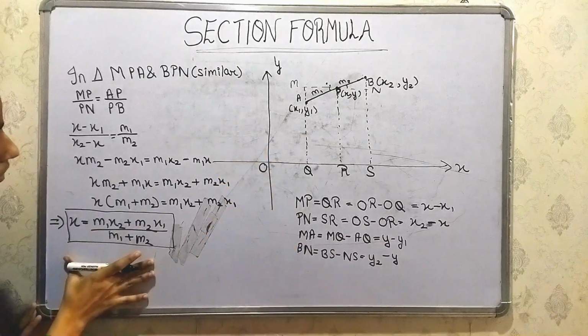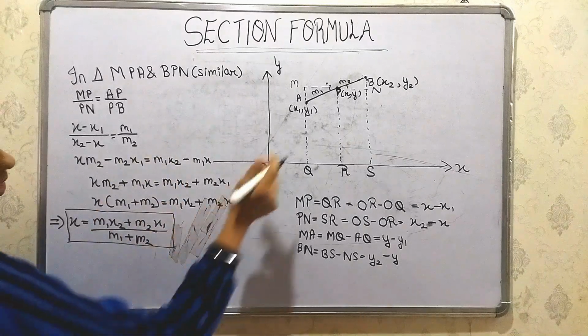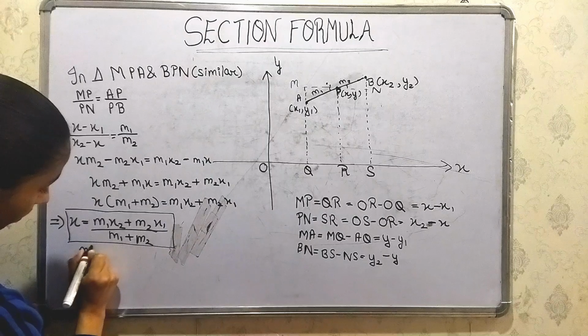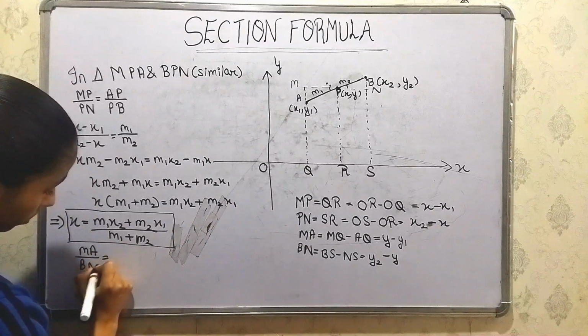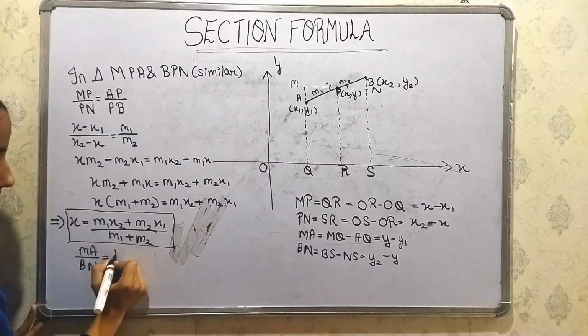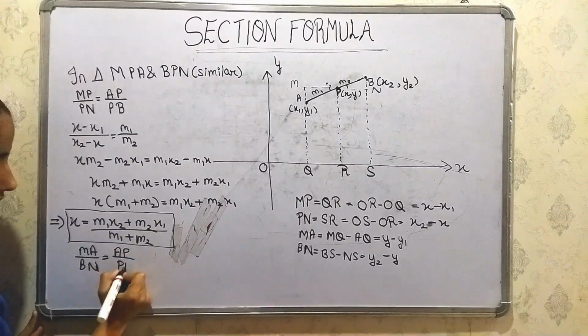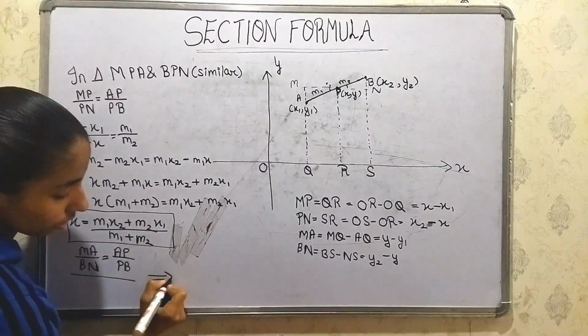So by the same thing, by similarity only, we can say that MA upon BN is equal to AP upon PB. So by this also we calculate the coordinate y.